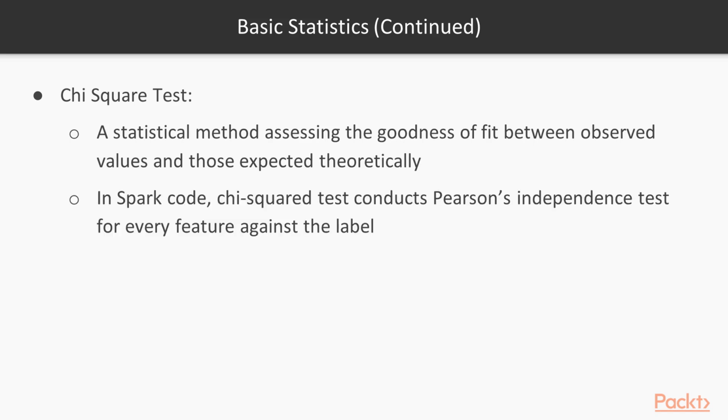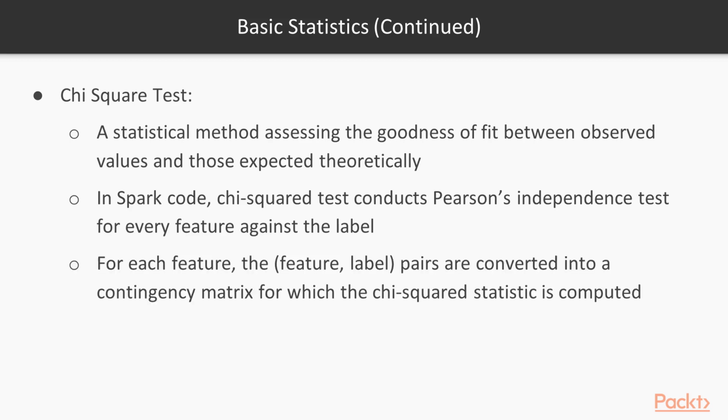And in Spark code, the chi-square test does the Pearson's independence test for every feature against the label. For each feature, when you have the feature label pairs, those are converted into a contingency matrix for which the chi-squared statistic is computed. And all label and feature values must be categorical values.